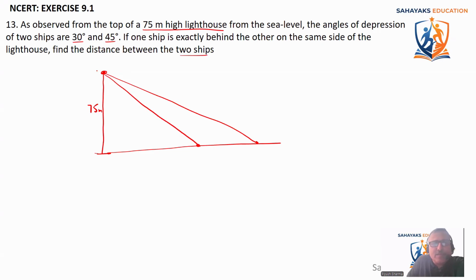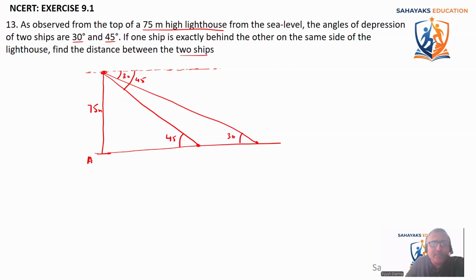When we make an angle of depression, we have to make it from the horizon. Please remember, I'm telling you multiple times, the angle of depression or angle of elevation is always made from the horizon. So this angle is 45 and this angle comes out to be 30.